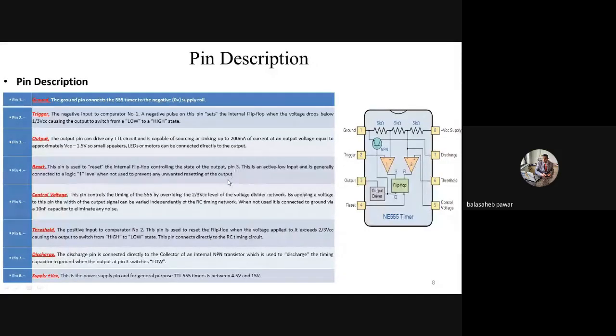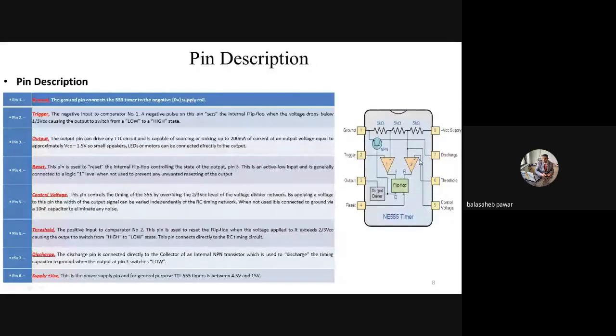Then the control voltage, that is pin number 5. This pin controls the timing of IC555 by overriding the 2 by 3 VCC. You will observe that the control voltage is connected to the inverting pin of the second comparator.